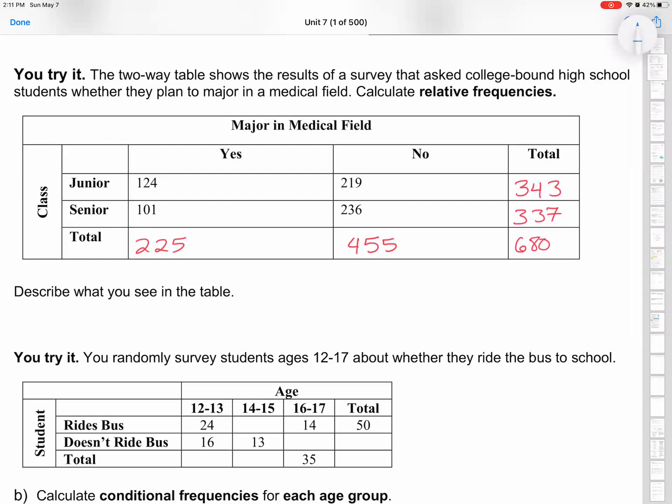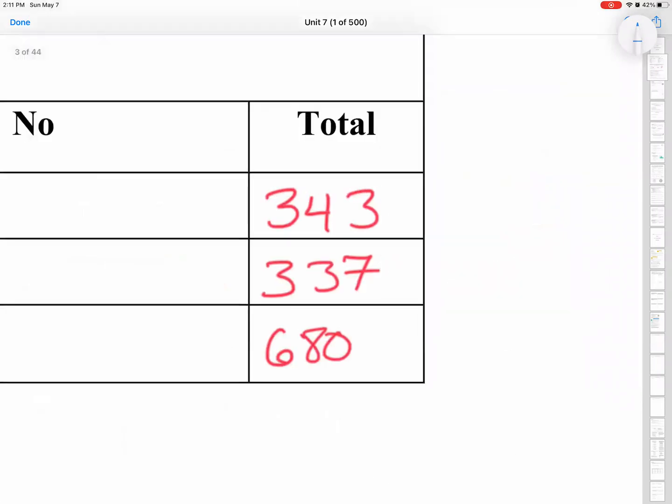Now, for the marginal distribution or marginal probability for juniors, it would be 343 divided by the total. So in this case, there's 680 students in total. And so when we figure that value out, it is 343 divided by 680. It comes out to be about 50%, so 0.5.